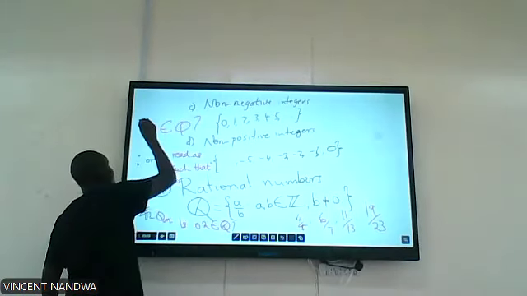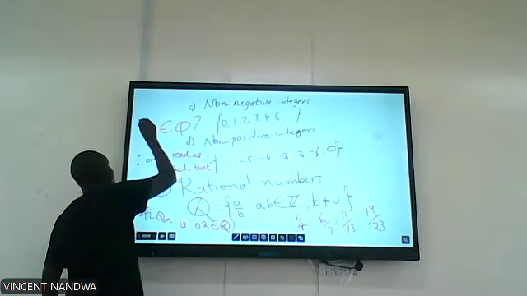For irrational numbers, we use Q, but we put a bar on top of Q. An irrational number is simply any number that is not rational. Any number that is not rational. Actually, the opposite of rational numbers.